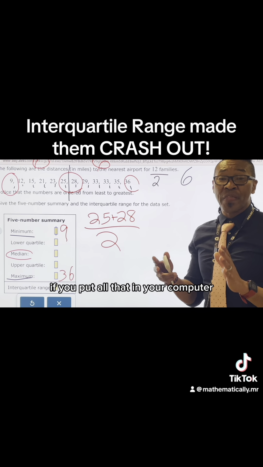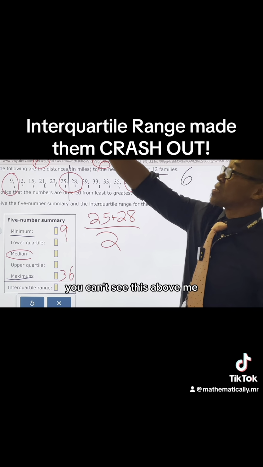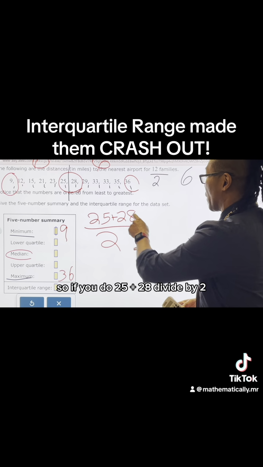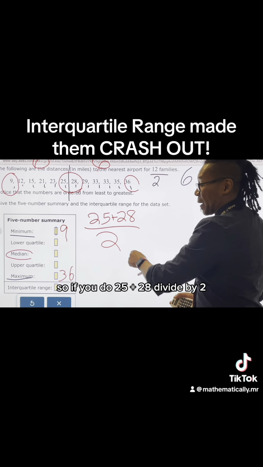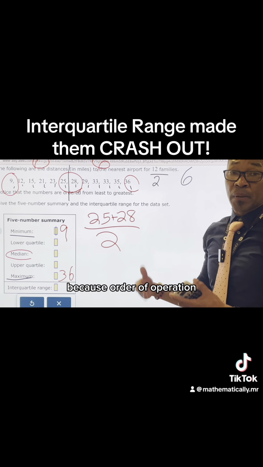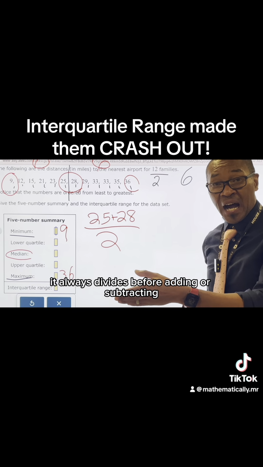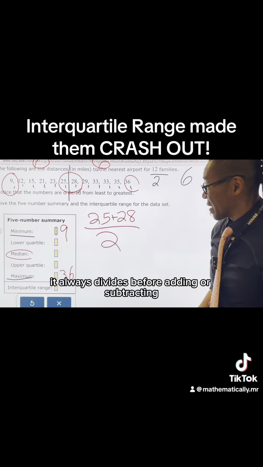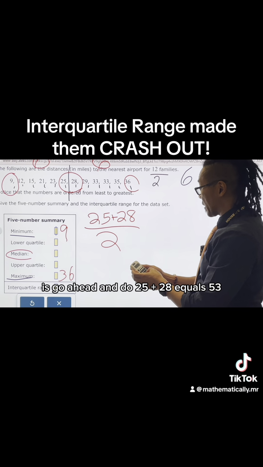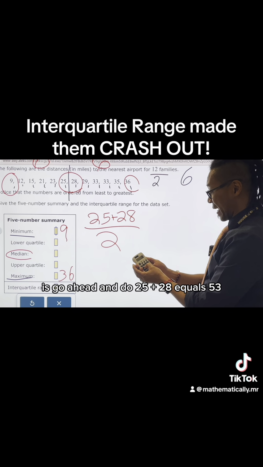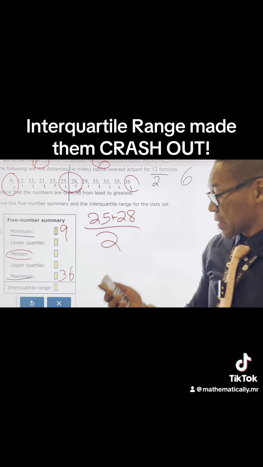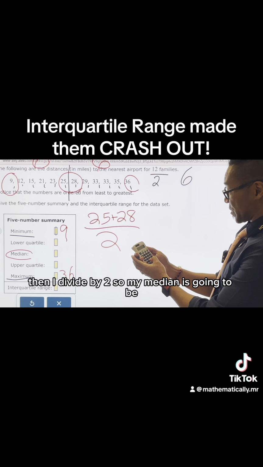If you put all that in your computer, it's going to perform order of operations. So it's going to divide 28 by 2 first, because order of operations always divides before adding or subtracting. What you want to do if you're using the calculator is do 25 plus 28 equals 53. And then I divide by 2.